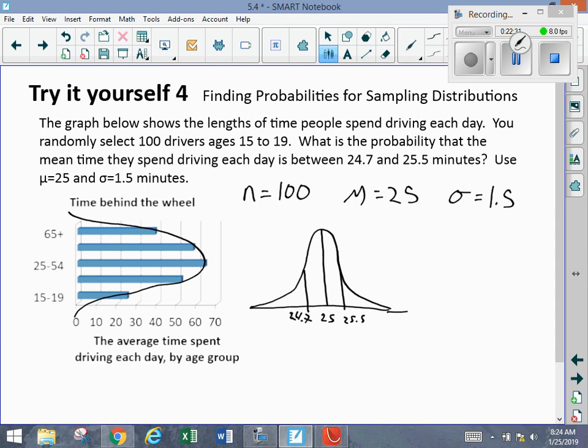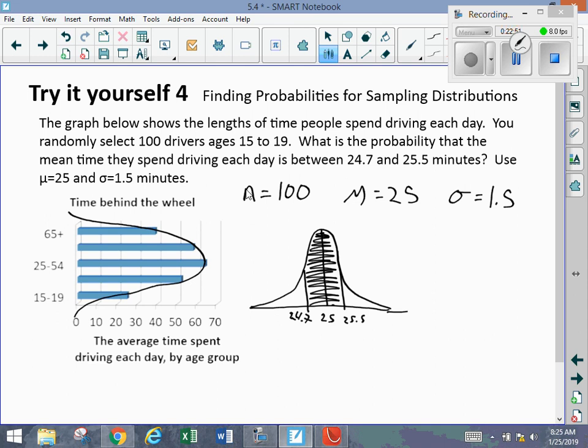I'm not sure if that's exactly what it's going to be, but what I really want is a characterization of what I'm trying to find. I'm trying to find this shaded area.